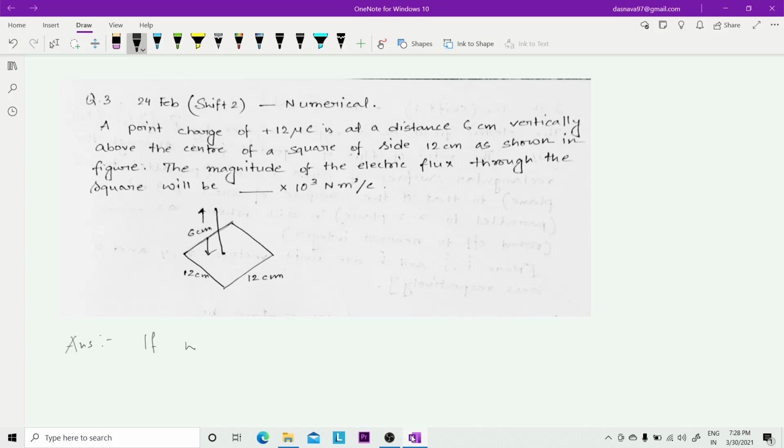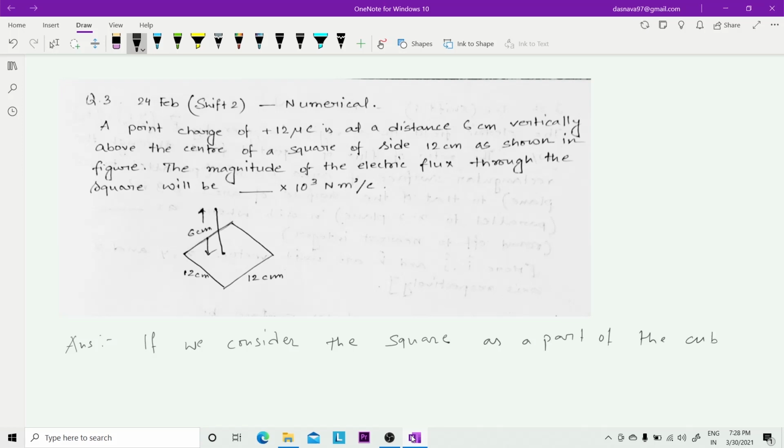if we consider the square as a part of the cube.